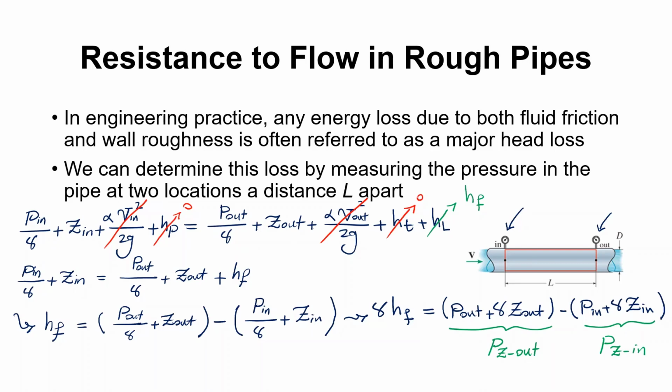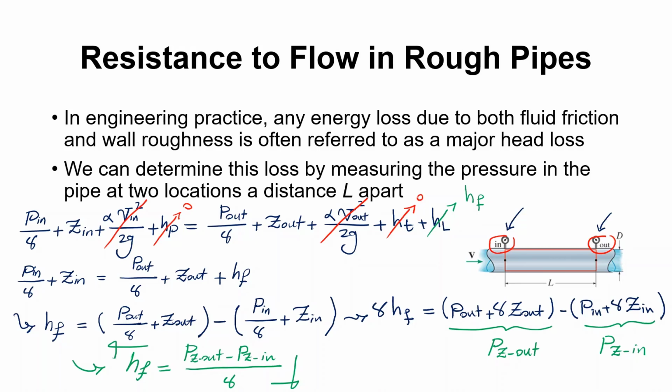So what I can do is write HF to be piezometric pressure for outlet section minus piezometric pressure for inlet section divided by gamma of the fluid. And this is how you calculate HF when you have two pressure gauges at the beginning of your control volume and at the end of your control volume.